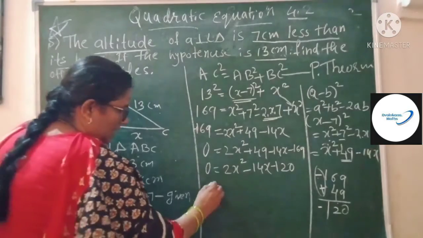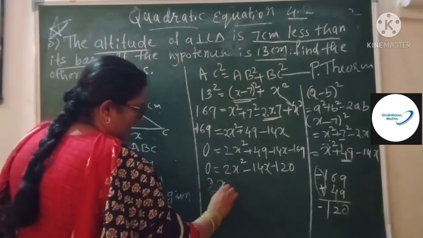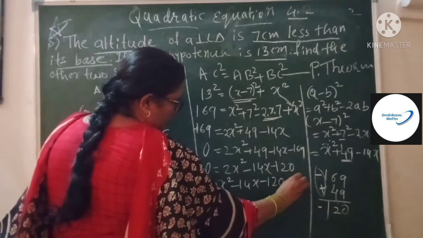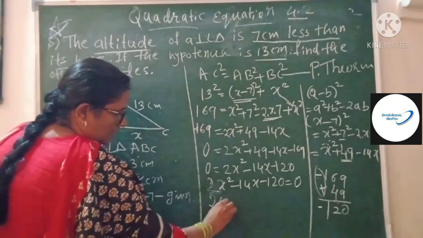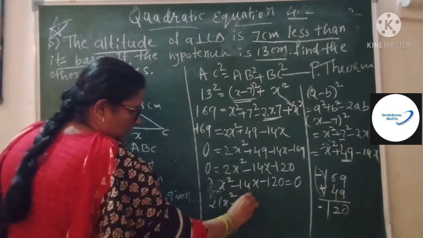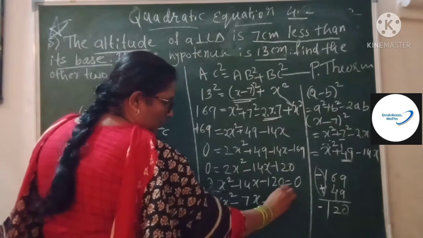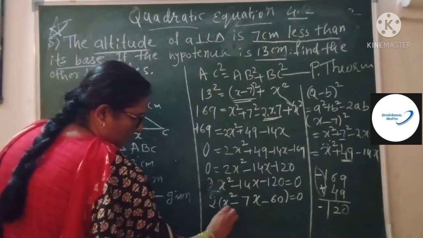This way, I am just transferring. 2x square minus 14x minus 120, rearranging. No change of sign. Take 2 common here: x square minus 7x minus 60 equals 0. How did you get this one?